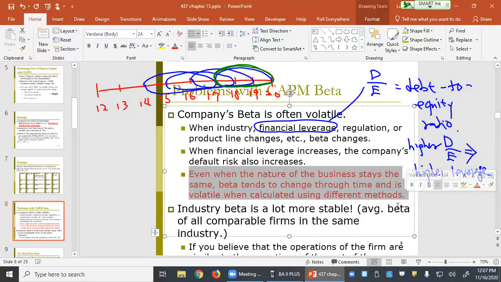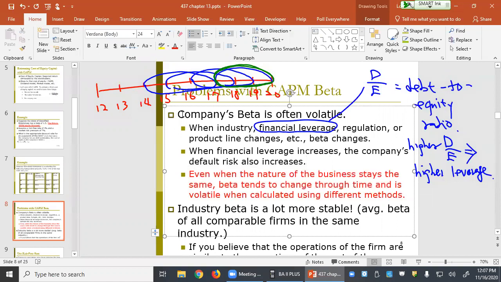We also don't have reasons to explain that. Whether you use monthly, weekly, or daily return for the same company for the same time period, the beta can change significantly.